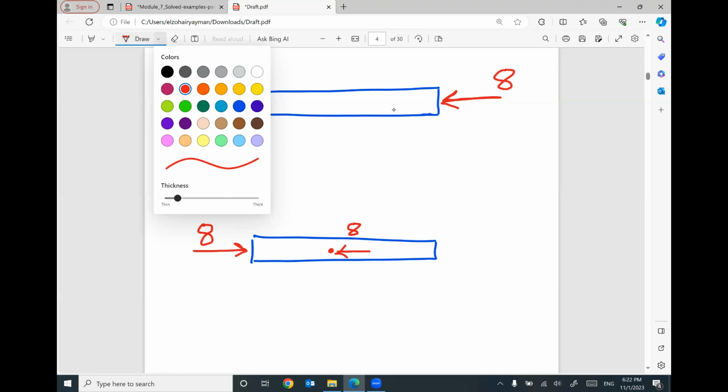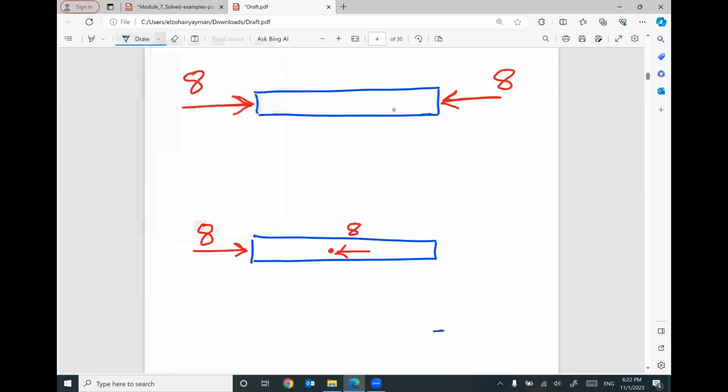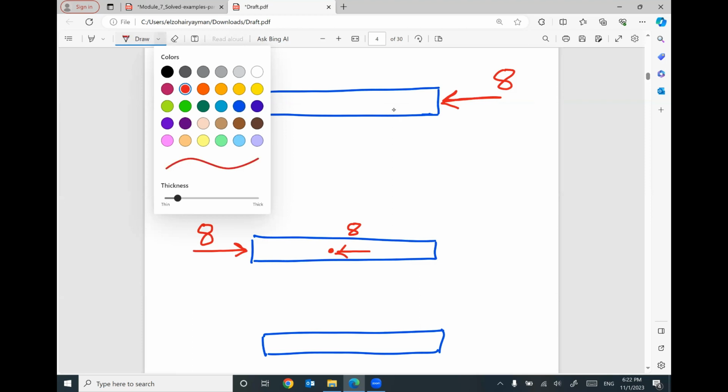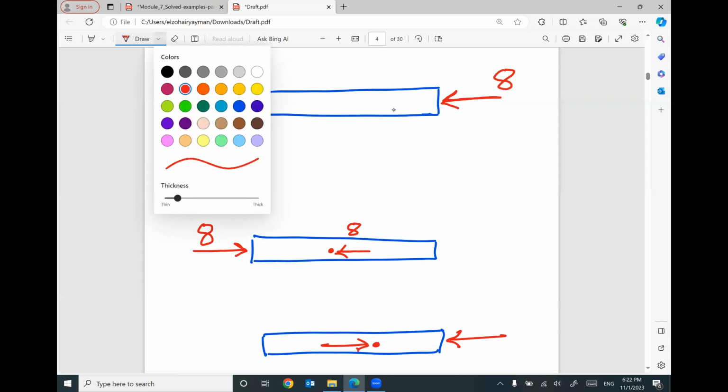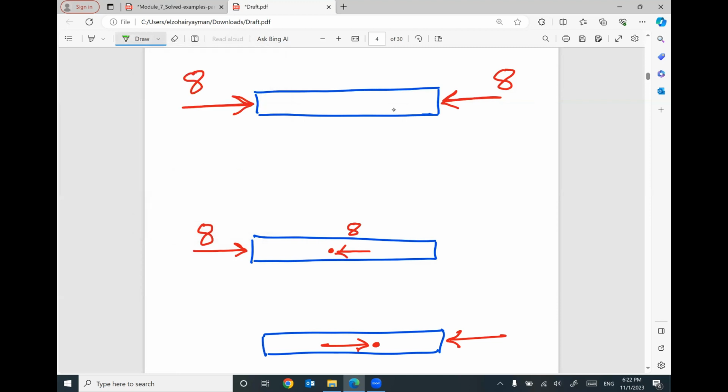Or sometimes we have this case also: your force at this location and the second force at this location. What is the main difference between the 3 cases? I would like to highlight this point.